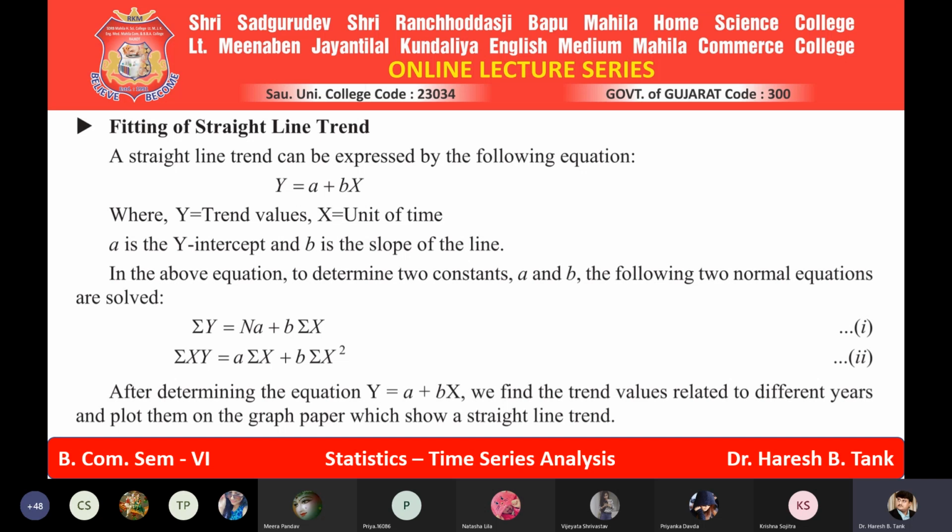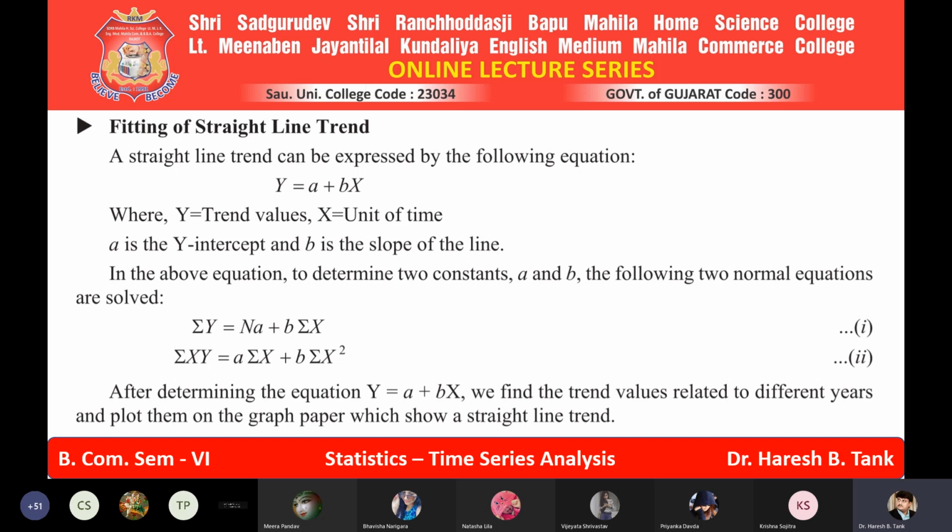Now, our challenge is to get the value of a and b using the data set given to you. How will you be able to get the value of a and b? For that, there are certain processes, and we take the method of least squares to get this value of a and b.